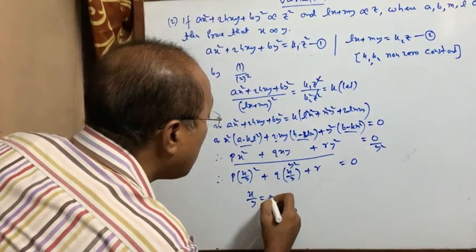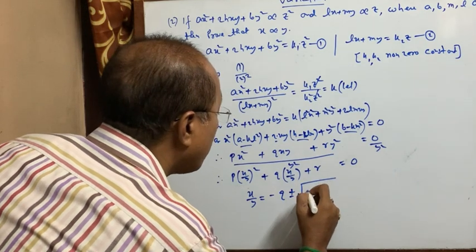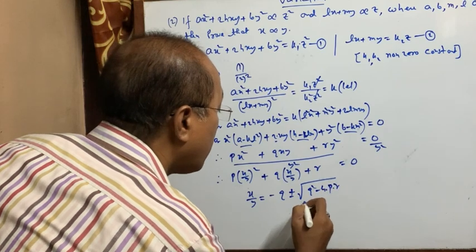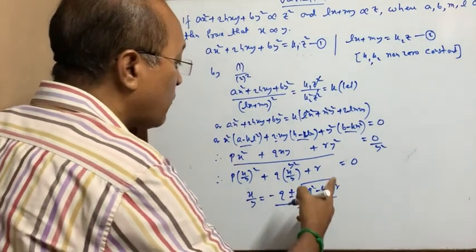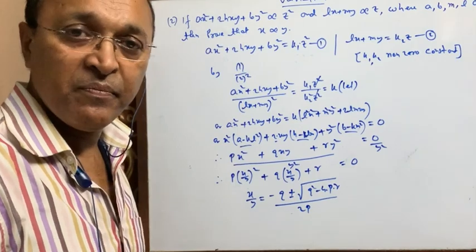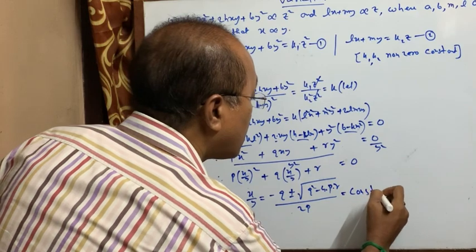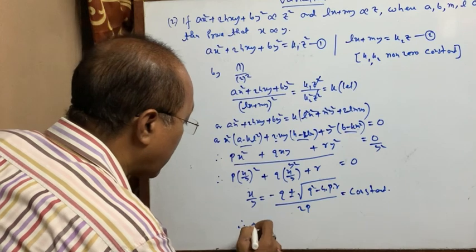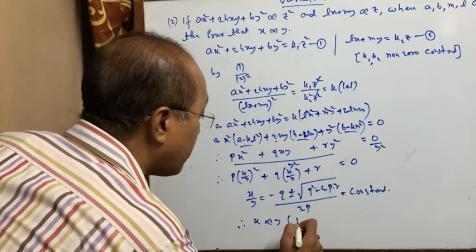So in this way, minus b here is minus q plus minus root over q square minus 4pr by twice p. And all of you know this entire expression is nothing but a constant term, isn't it? So you can write this one is nothing but constant term. Clear? Therefore, we can write x proportional to y.